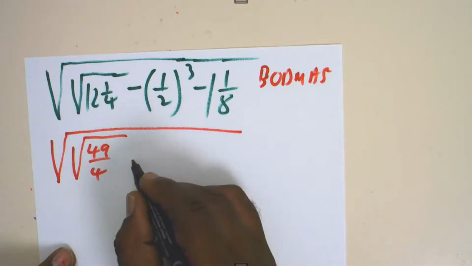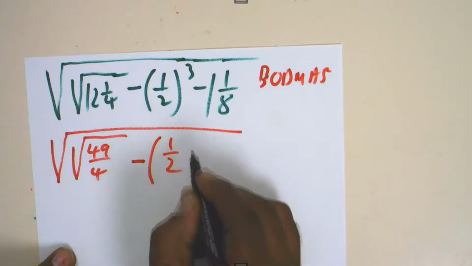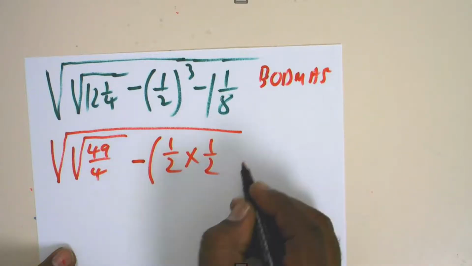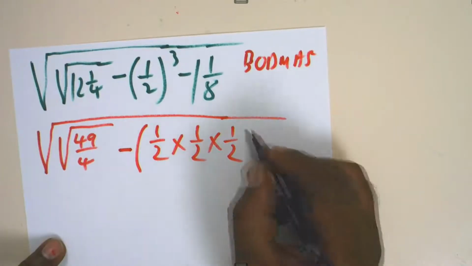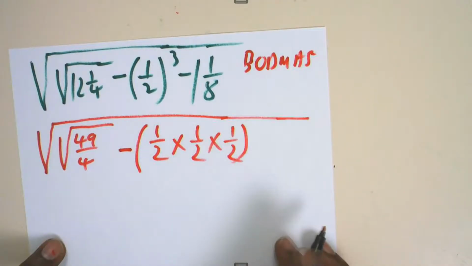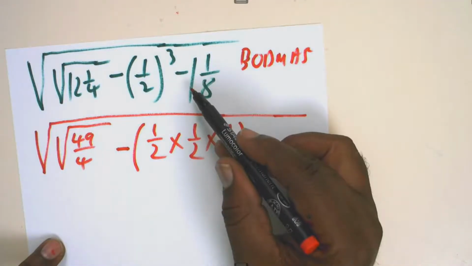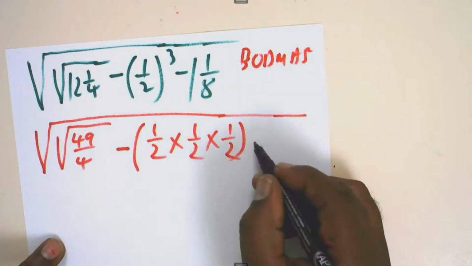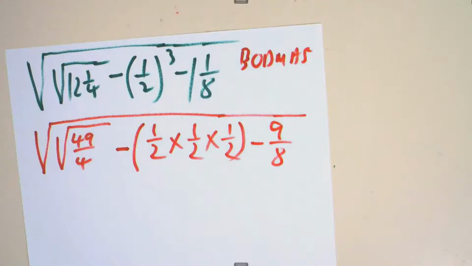This one, removing the bracket, is 1 over 2 by 1 over 2 by 1 over 2. Let's put it in a bracket. And then we change that one. 8 by 1 is 8, 8 plus 1 is 9 over 8.